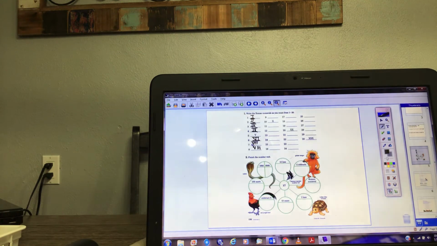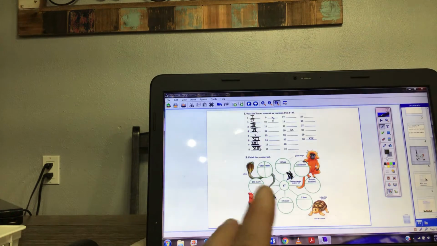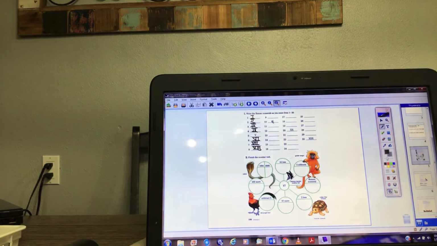You can draw your line across if you want. This is how I was taught in school, to make them like capitals. Some do not, but that's okay. Okay, so we know 9 is IX. I bet you already beat me, didn't you? XI.